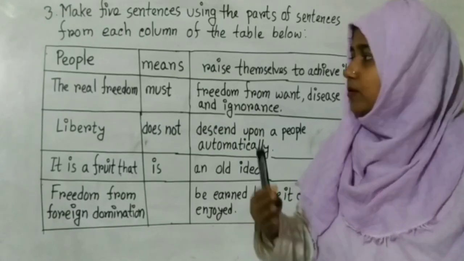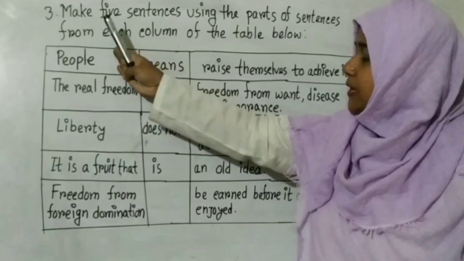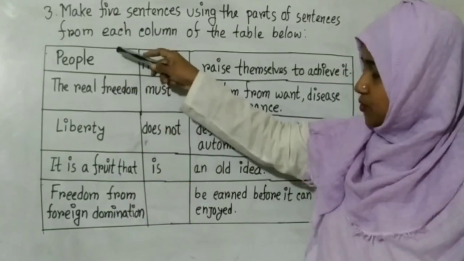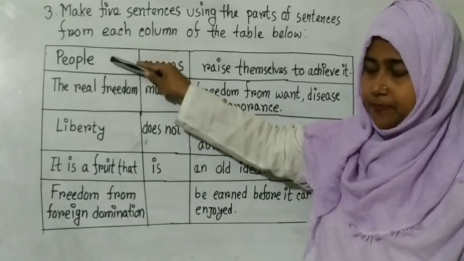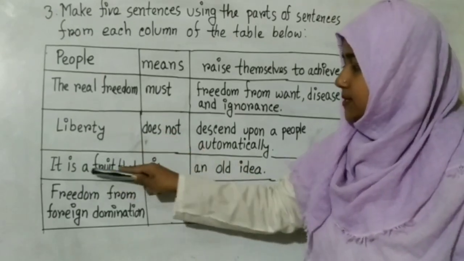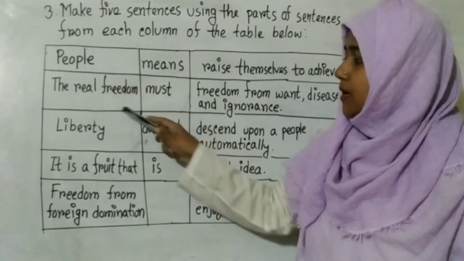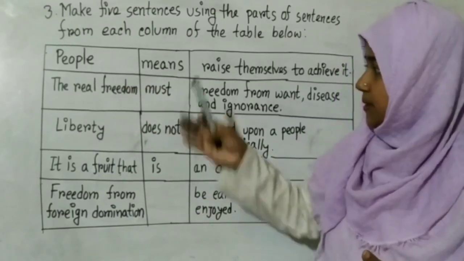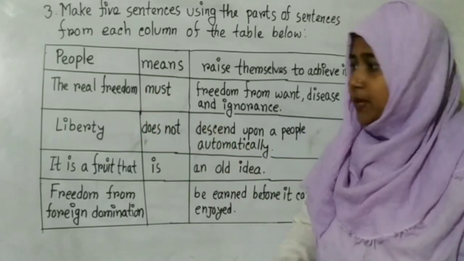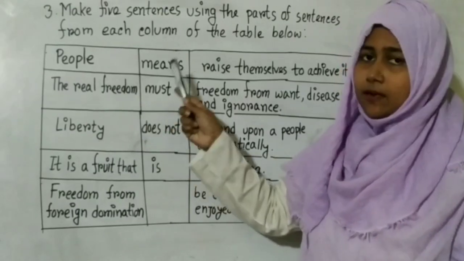How can you identify the topic? Yes, you should read the first column carefully and try to identify the topic. So just read this one. First one is given people, then the real freedom, then liberty, then it is a fruit that, then freedom from foreign domination. So freedom and liberty is represented. So we can call this one our topic because it is mentioned here.